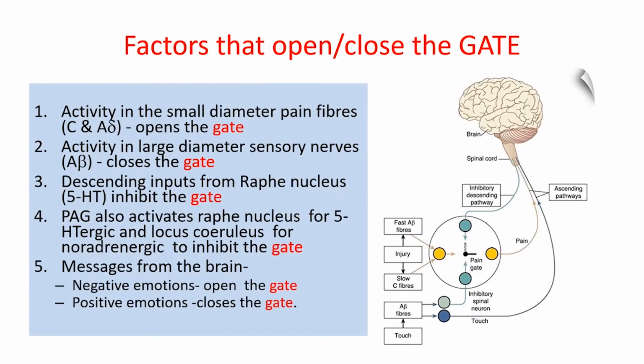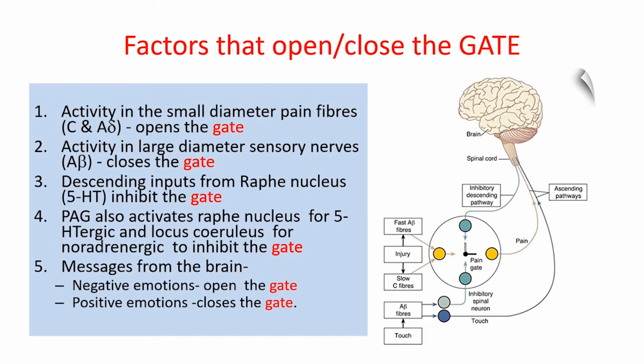Further, these are the factors that would open or close the gate. So the activity in small diameter pain transmitting fibers opens the gate. If the activity is there, you can just see that on one side these are C fibers and A delta fibers, they open the gate.